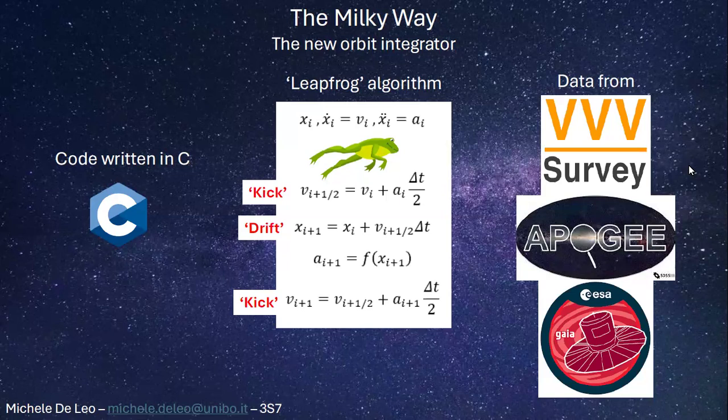And then you finally update the velocity to the final value for that step. I decided to use the leapfrog because it's quite simple, it's efficient, and also because it's symplectic and time reversible.